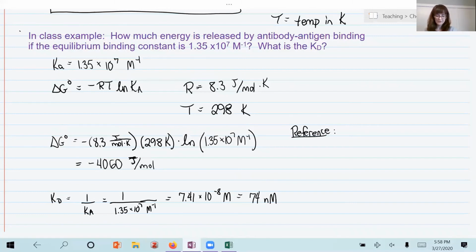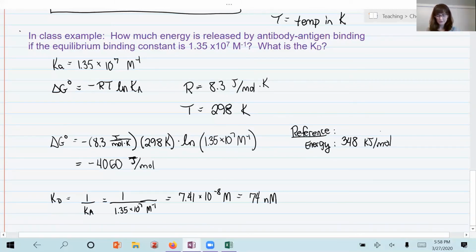For that, the energy is a lot higher than what we just calculated. It's about 348 kilojoules per mole. So just 2 orders of magnitude larger than what we just calculated. That's in a carbon-carbon bond, a covalent bond. So this is 100-fold lower than that.